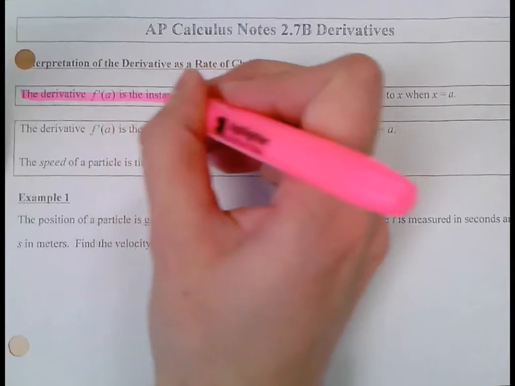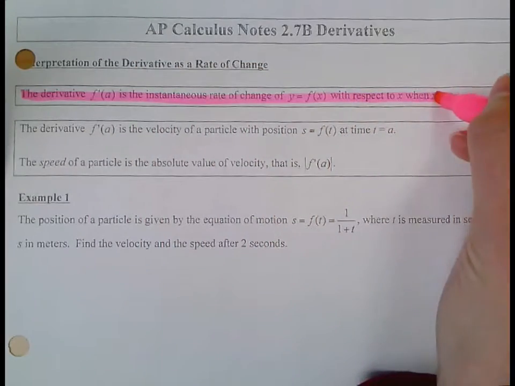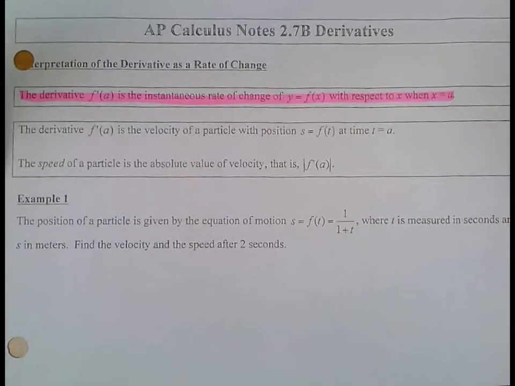So this is just in general. Knowing that a derivative is an instantaneous rate of change is a huge idea in calculus. Anytime you are asked to find an instantaneous rate of change, you are finding the derivative. And that'll be talked about throughout the rest of the year.